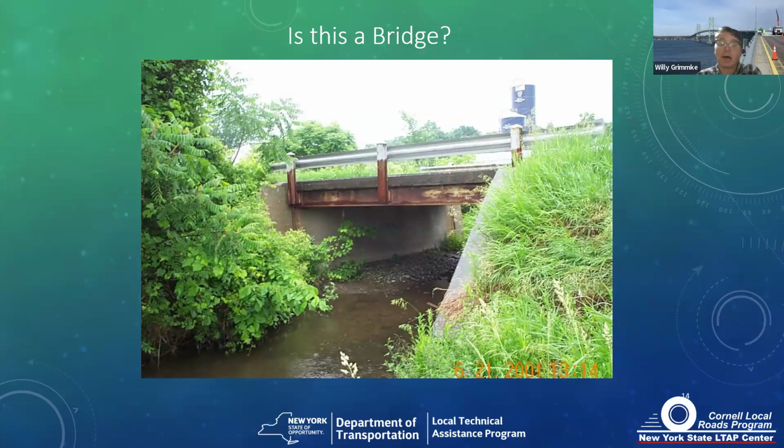It walks like a duck, as it were. But if the span is less than 20 feet, by the New York State definition and the federal definition, it wouldn't be a bridge, but it would be defined as a culvert because it's less than 20-foot span.